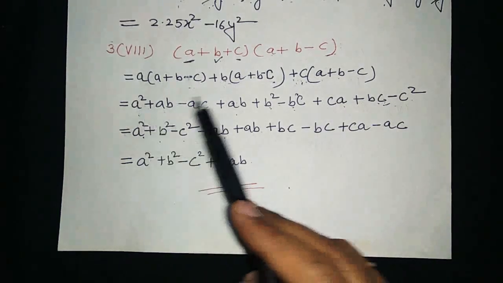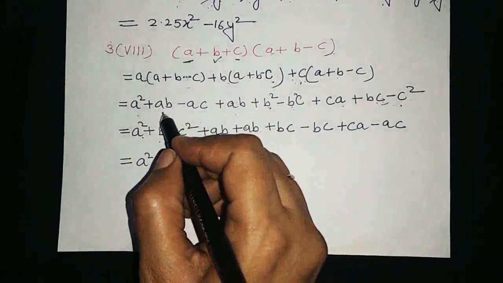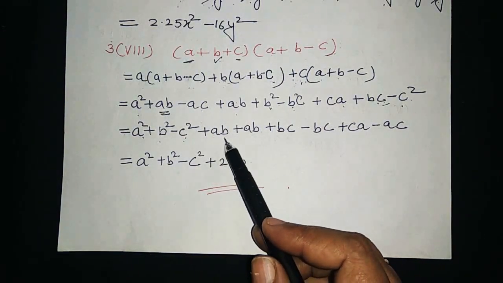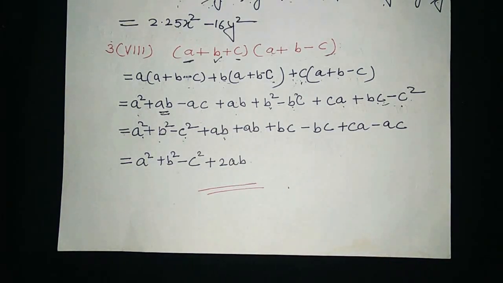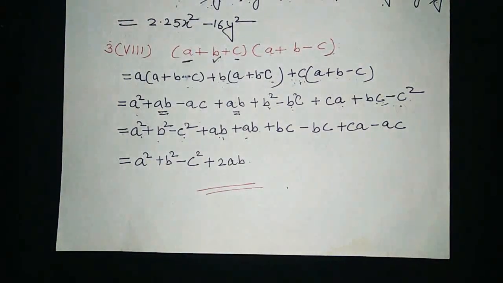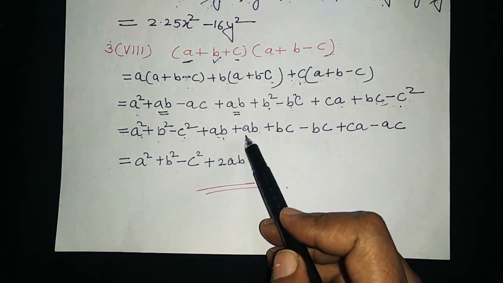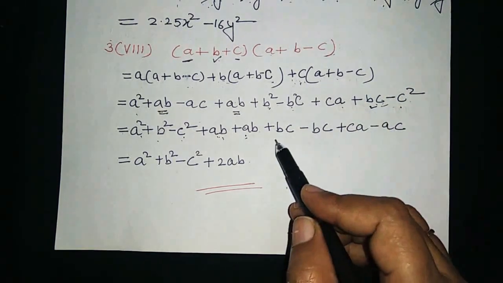After writing a square, b square, minus c square, we will write this ab. Here, after writing ab, you can see one more ab. One more like term of this type you can see. So this also you will write after this ab. Now, after writing plus ab and plus ab, we will write bc. Okay, bc.